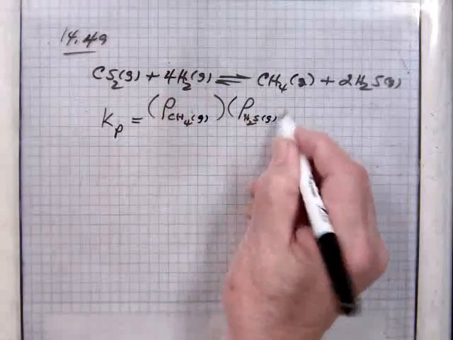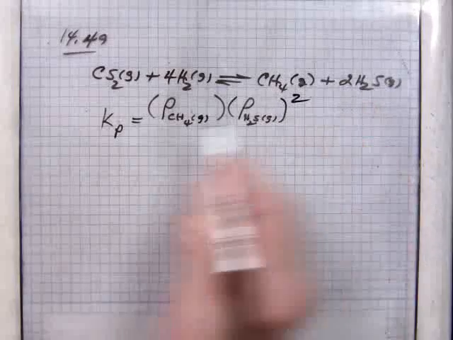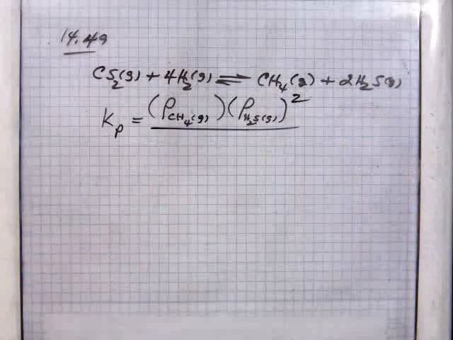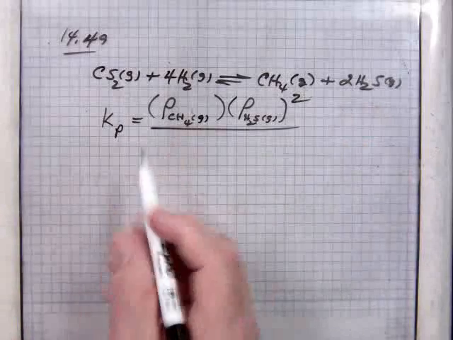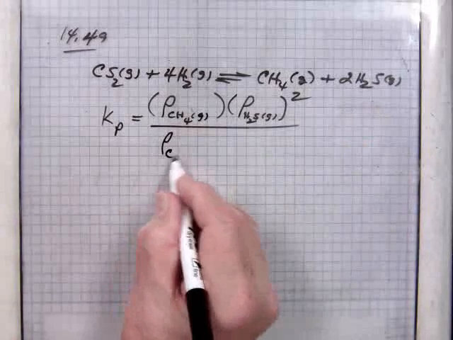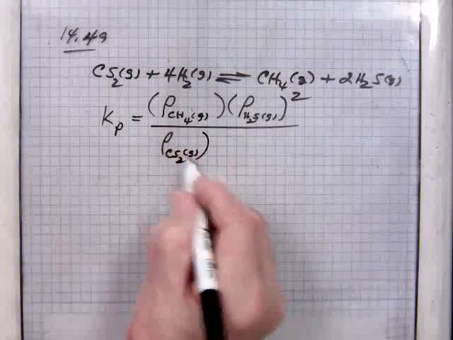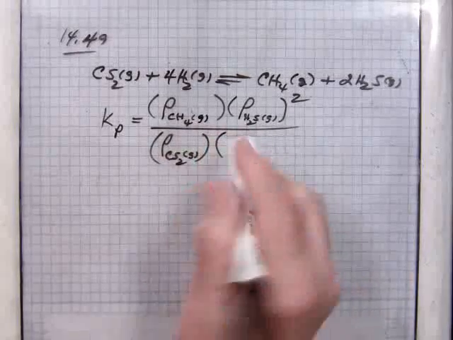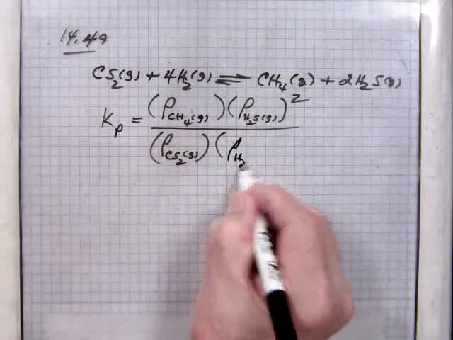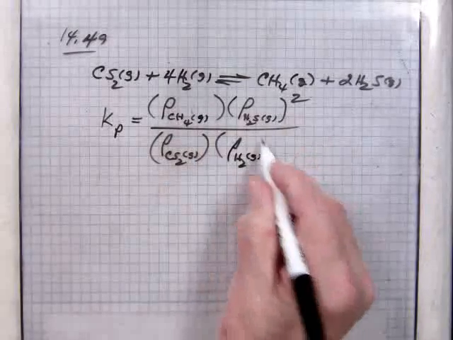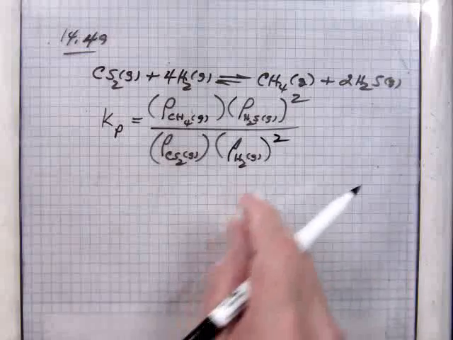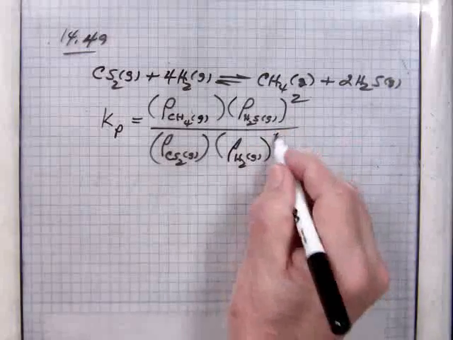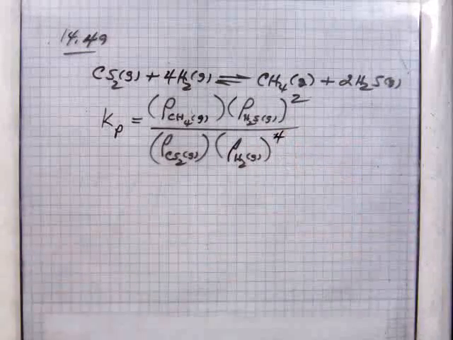And that one has a coefficient of 2, so we have to square that term. And then we have partial pressure of CS2 gas to the first power, and hydrogen gas raised to the fourth power, like that.